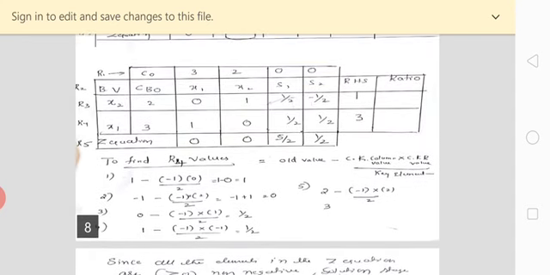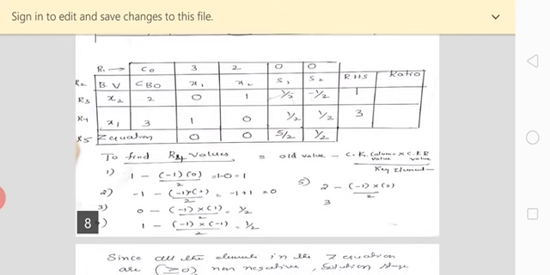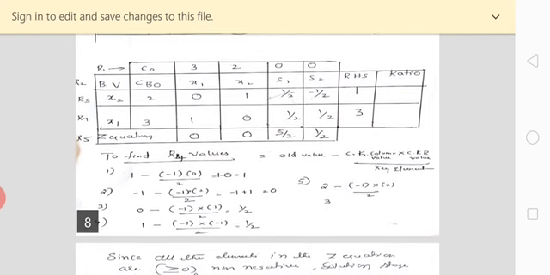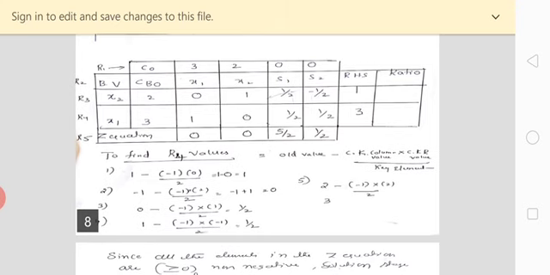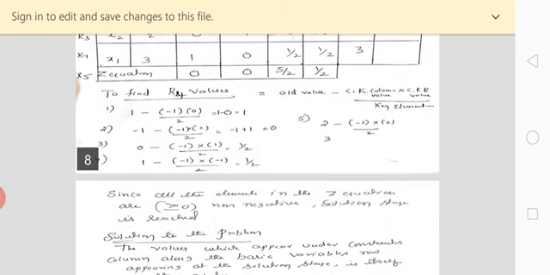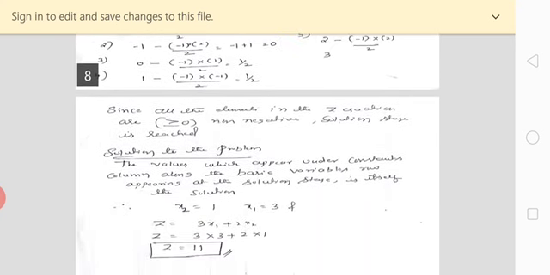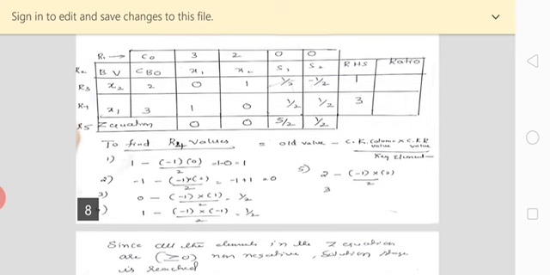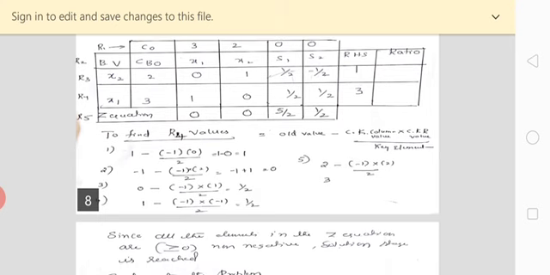Understood? Now observe the Z equation: all the Z equation values are positive or 0. If you get positive or 0, then you stop here and go for getting the solution. Since all the elements in the Z equation are greater than or equal to 0, non-negative, the solution stage is reached. Now, how do we get the solution?